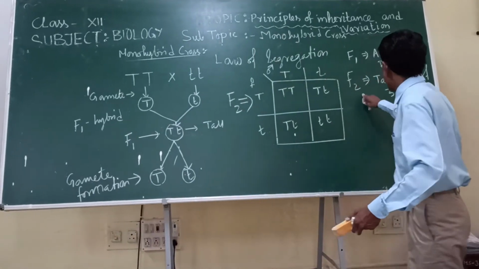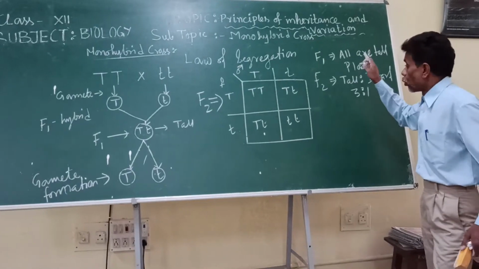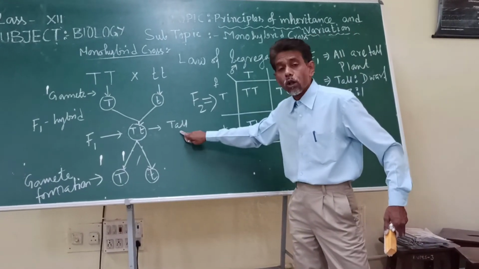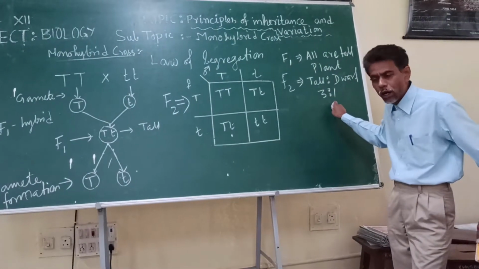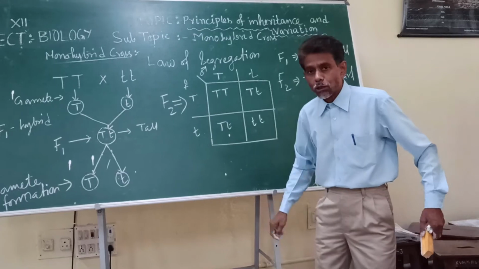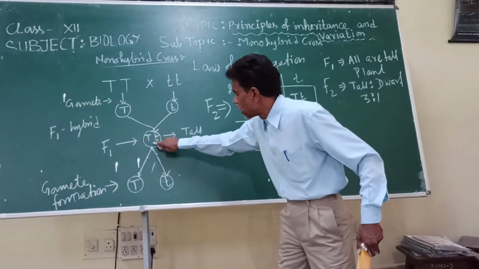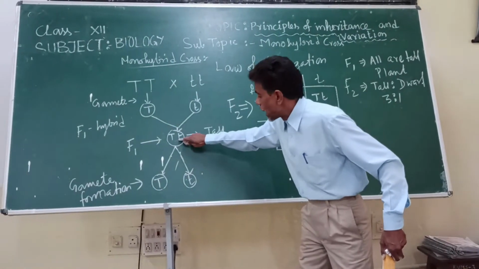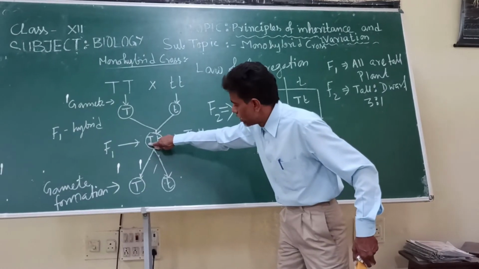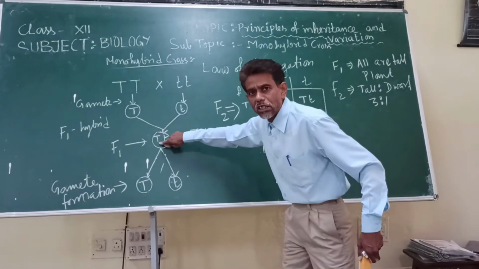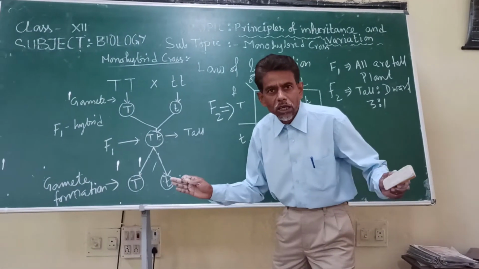In the F2 generation, we have seen tall plants as well as dwarf plants. When in the F1 generation all the plants were tall, in the F2 generation we got tall plants as well as dwarf plants. Where did it come from? It is because the allelic genes present in the F1 hybrid did not mix with each other, and during gamete formation they completely separate from each other.